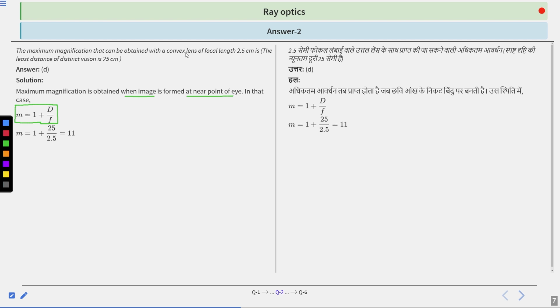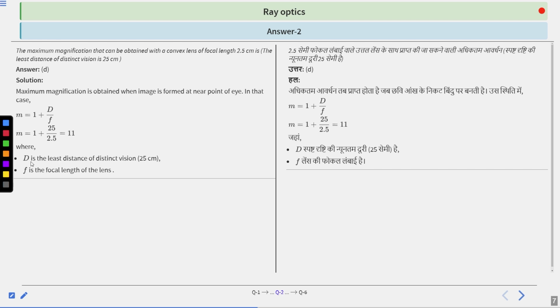And f is the focal length of the convex lens, which is 2.5 centimeter. So put the focal length and the least distance of distinct vision, 25 centimeter, in this formula and calculate, and then you will get m is equal to 11, where d is the least distance of distinct vision and f is the focal length of the lens.